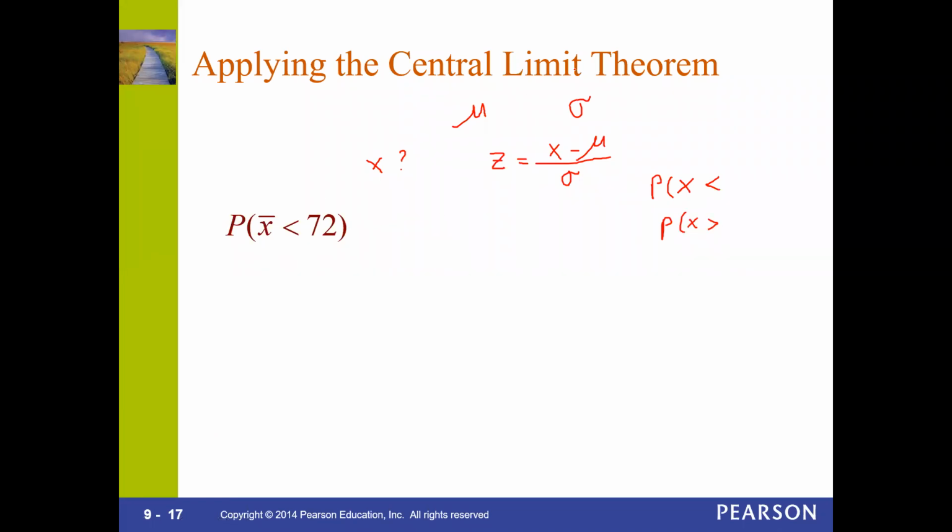But because you're talking about the mean in this case, the difference is that you have to put P of X bar. Okay. The reason why I put an X bar is because this is about a group. Like this one is about an individual. This is individual.